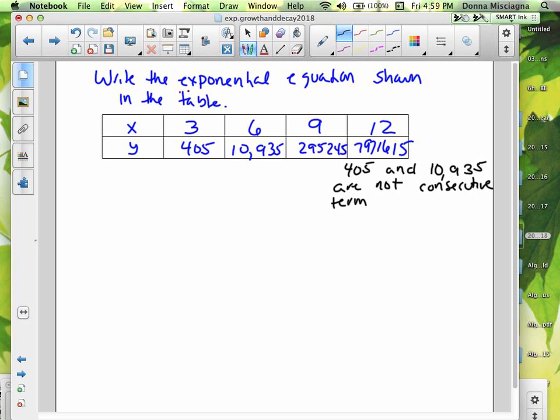Right? There, one is f of 3, so f of 3 is 405.